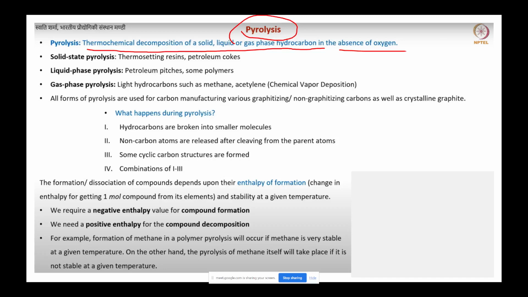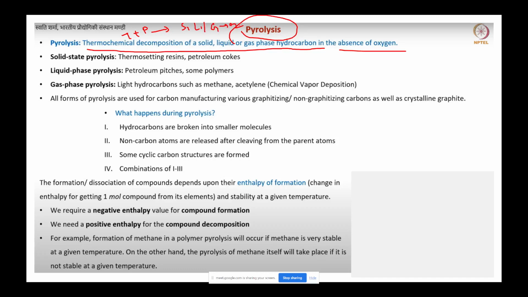It is thermomechanical, which means your temperature is involved plus pressure, and you decompose the solid, liquid, or gaseous hydrocarbon. The oxygen should not be present.